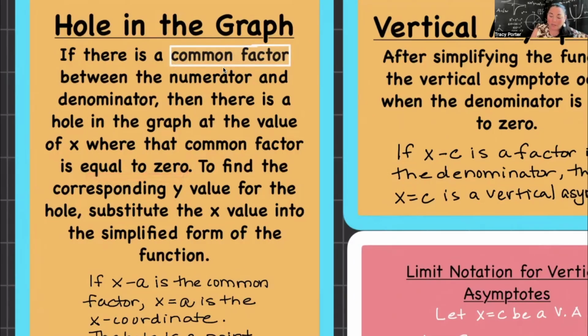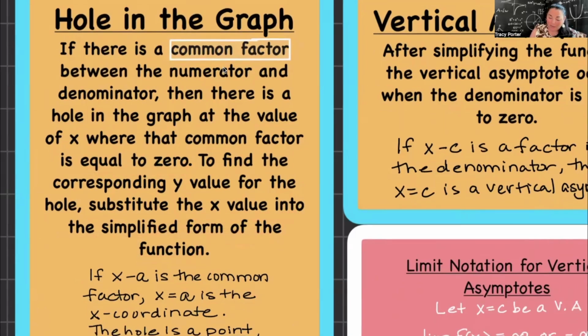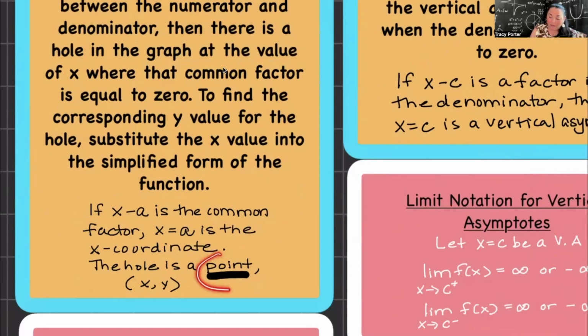And then you plug it back into the simplified form to find the corresponding y value. So that's going to tell you the point, right? A hole is a point, a location, and we need to know where to actually put the hole, and we're going to indicate it with just an open circle.